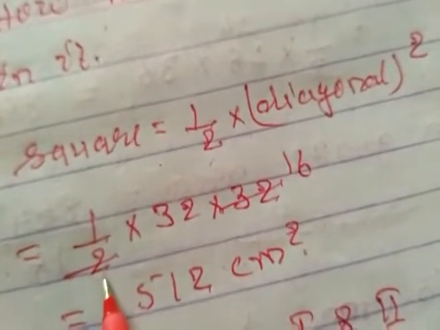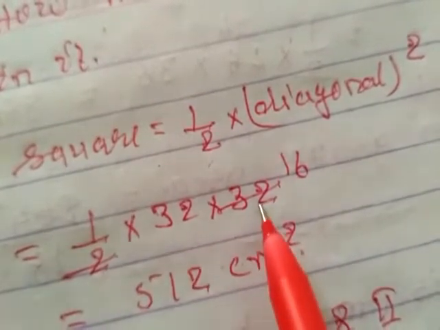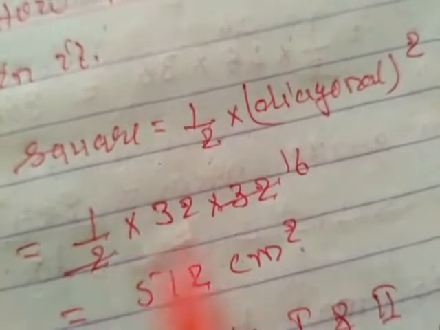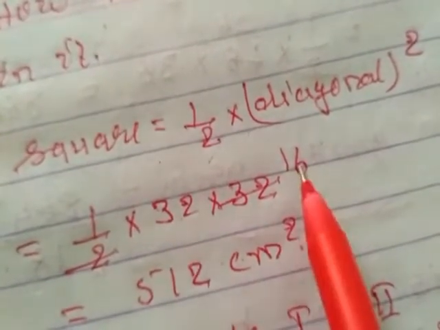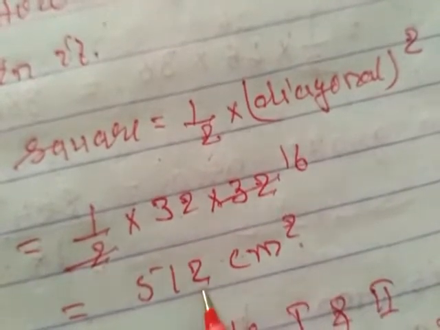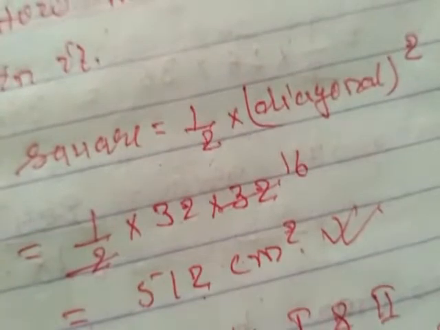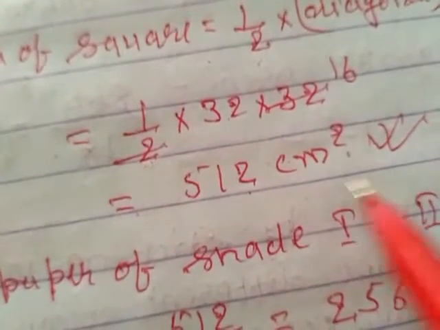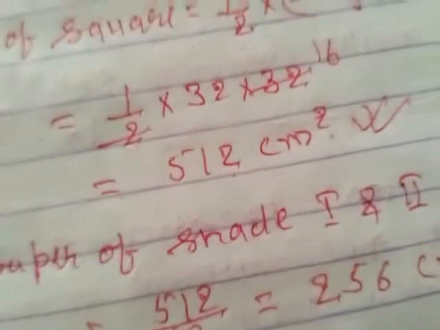So substituting the value of diagonal, that is equal to half into 32 into 32. So 32 will go by 2, 16 times. So we now have 32 into 16, that is equal to 512 centimeter square. This is the area of the square side, that is, it includes the area of shade of part 1 as well as part 2.